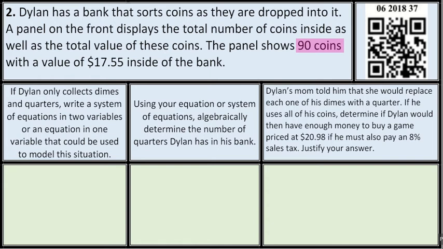Always define your variables so when you get to the end of a problem like this, you know what you solve for. It's just so much easier. So for the coins, I'm going to say D equals dimes and Q equals quarters.